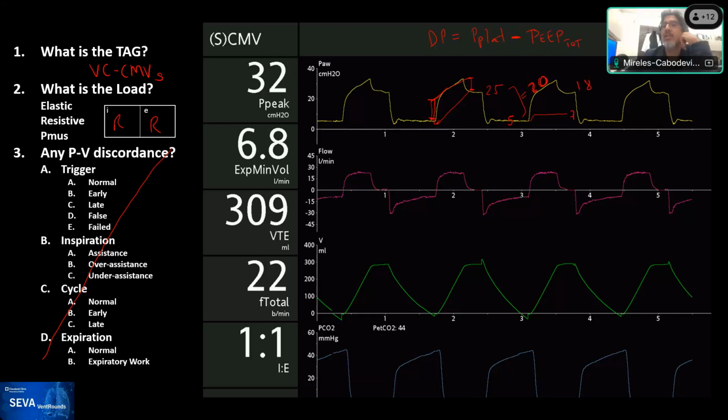Excellent. So the second question that I have for the group is, all right, Leora introduced the concept that this patient may have an increased elastic load based on the driving pressure and the plateau pressure. But the question for you all is, why is the resistance at the beginning higher than at the end? Any thoughts there?